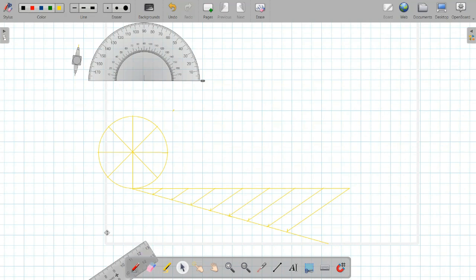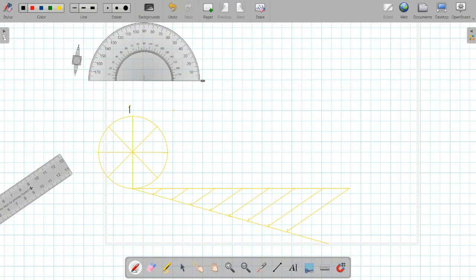Numbering is also important: how to give the numbers in the cycloid. In the question, it was given that point P is to be on the top of the circle. So if point P is on the top of the circle, I will write P here. And if this is P, you have to give the next number as 1. Starting from P, it will be rolling in the clockwise direction.